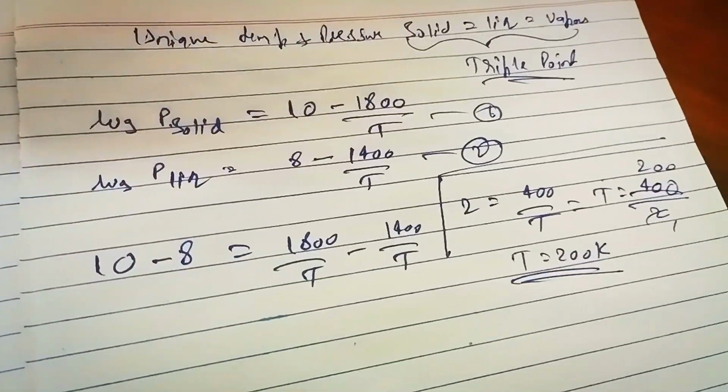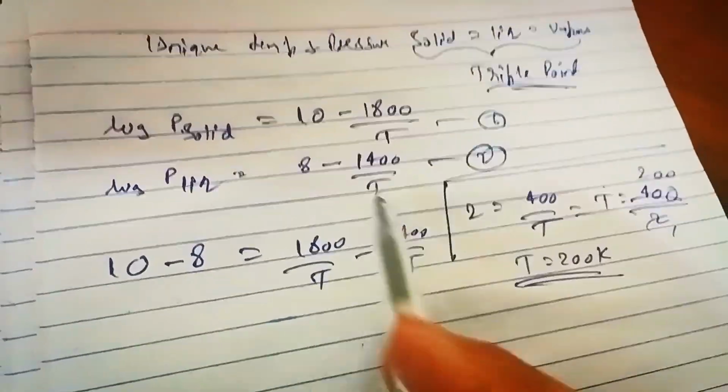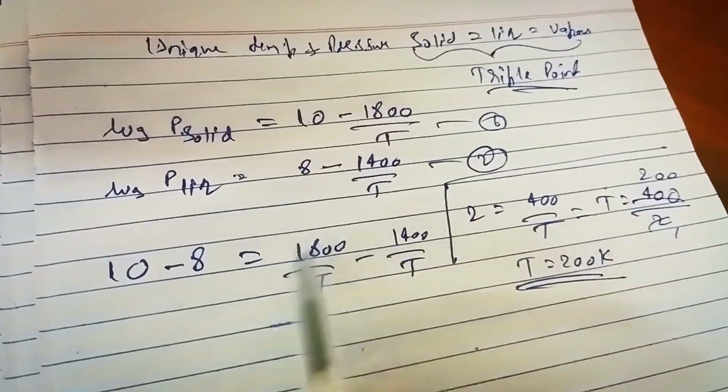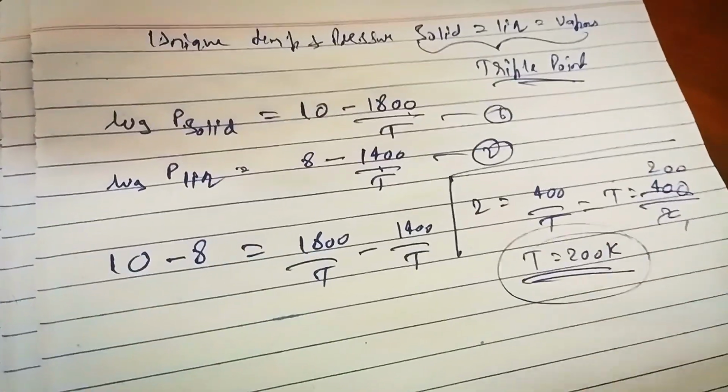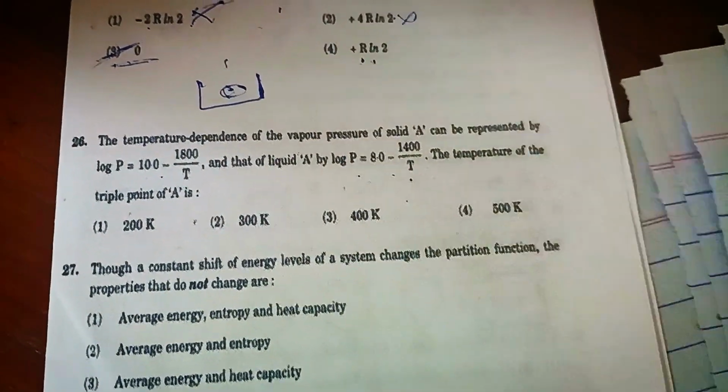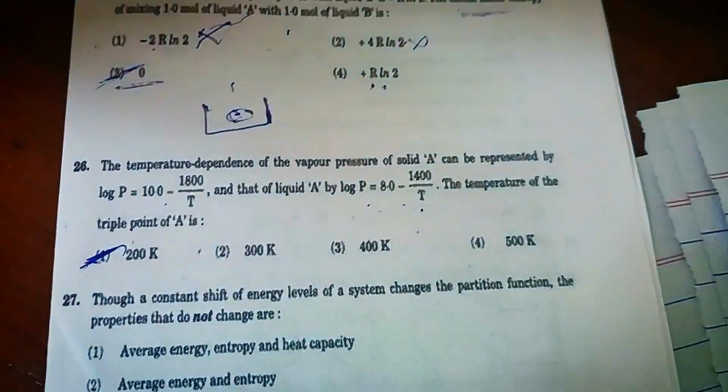That's all, this is the solution. By equating both equations 1 and 2, we get the answer. This is the triple point solution. So 200 Kelvin is the right answer.